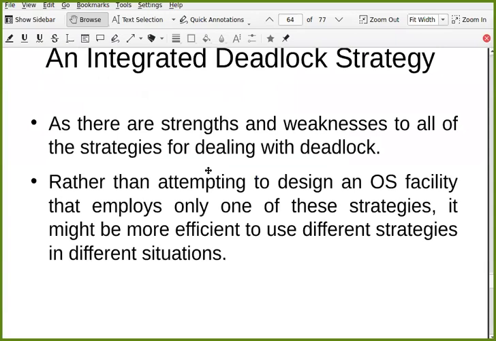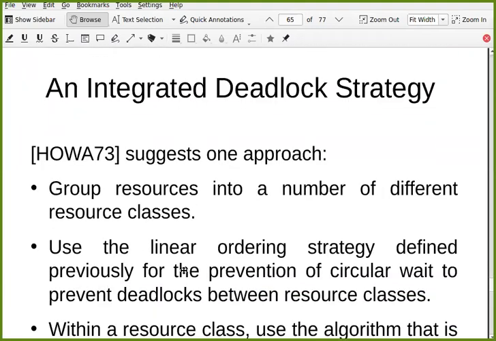As there are strengths and weaknesses to all of these strategies for dealing with deadlock, rather than attempting to design an OS facility that employs only one of the strategies, it might be more efficient to use different strategies in different situations. And that is what I'm talking about.